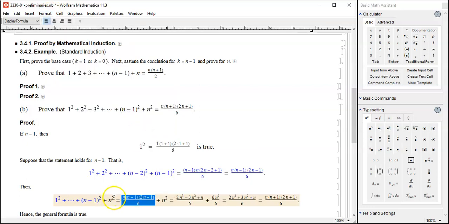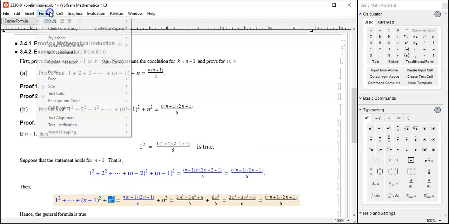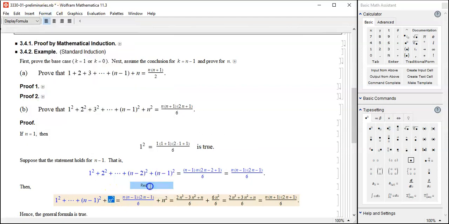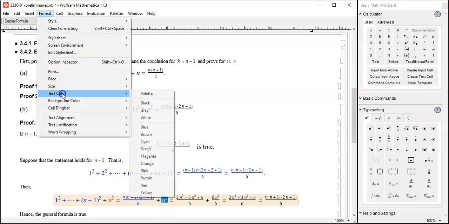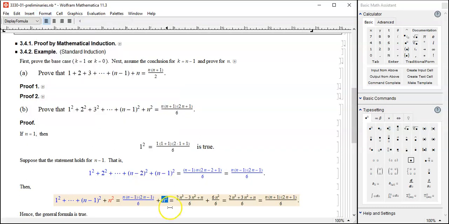All right, and then let's go over to the k equals n case. And we add n squared to both sides of the equality. And the left-hand side is now all set. 1 squared plus 2 squared plus 3 squared all the way up to n squared now. The right-hand side, some algebraic manipulation.